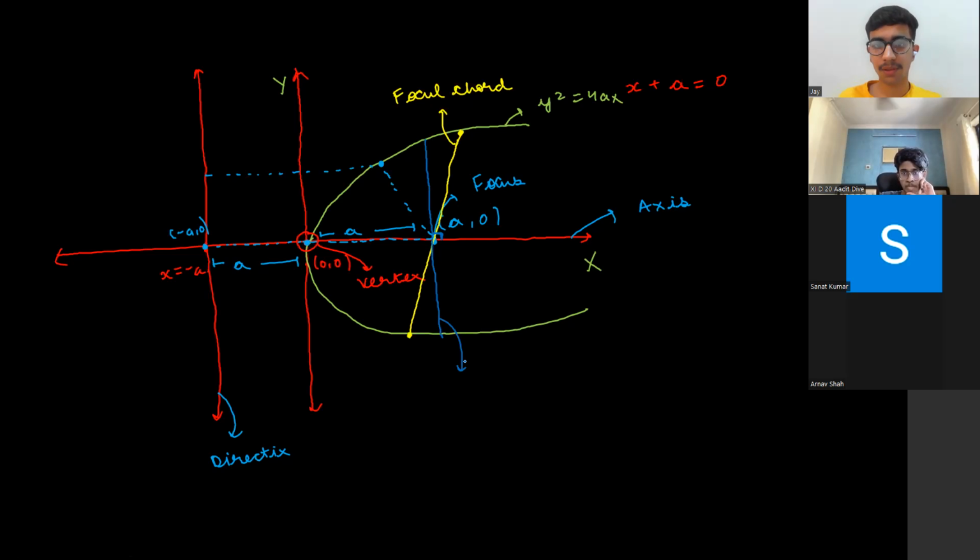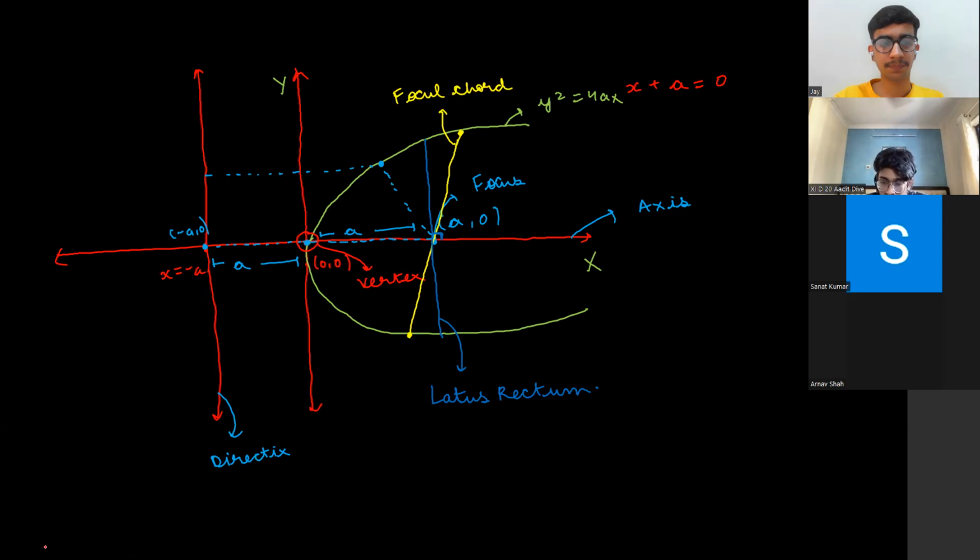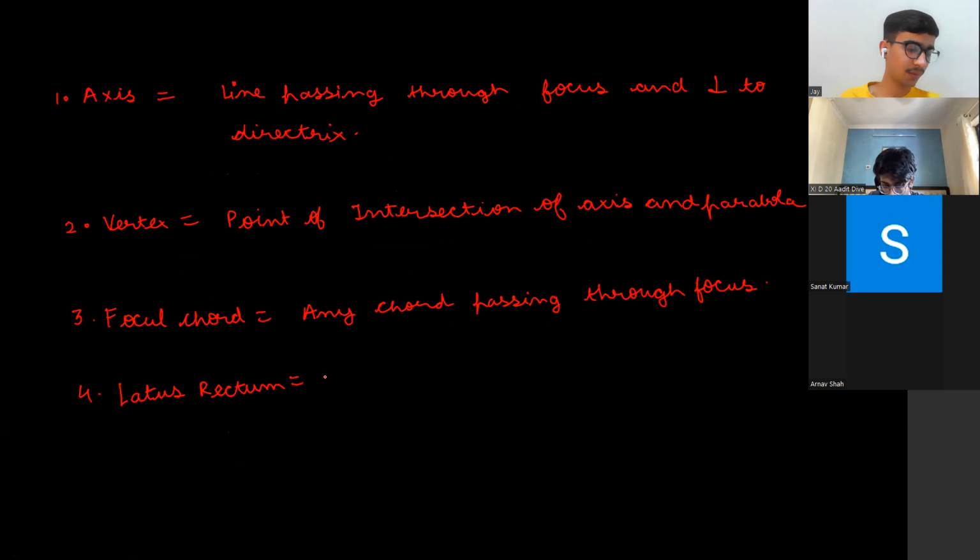That is why this chord is known as lattice rectum. Can we just call it a focal chord perpendicular to the axis? Yeah, that is what the definition of lattice rectum is. So it's a perpendicular chord passing through the focus.